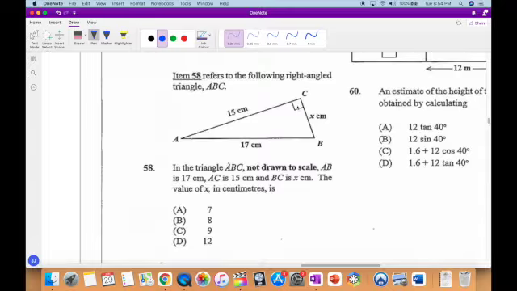So we do have a right angle triangle here, and we want to know what is the value of x. So this is Pythagoras, where x squared plus 15 squared is equal to 17 squared. So therefore x is equal to the square root of 17 squared minus 15 squared.